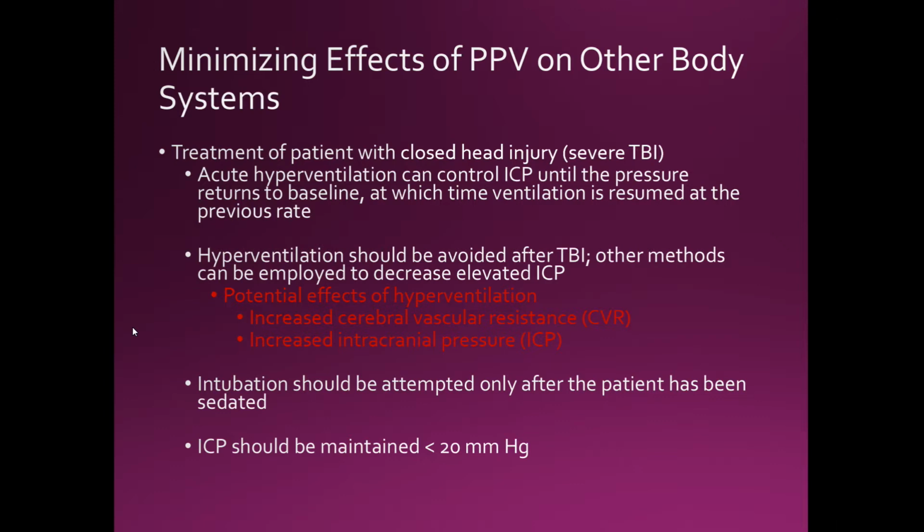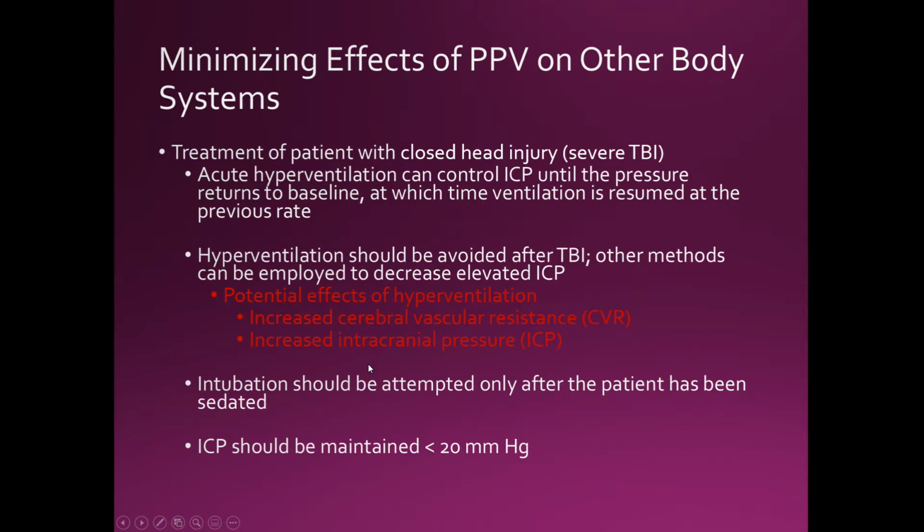And when I increase work on the cerebral vasculature, that's going to increase pressure, and it also increases intracranial pressure when I hyperventilate. So I don't want to hyperventilate too much. That's why, right when the ICP is controlled, I bring it down.